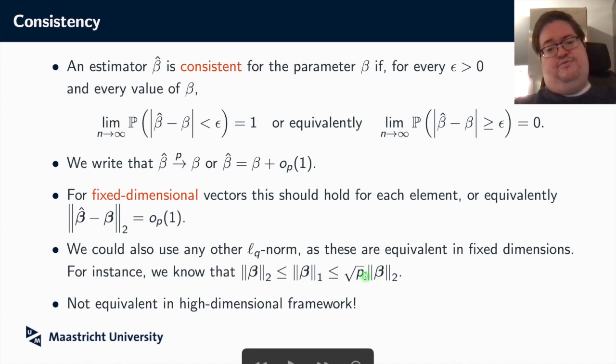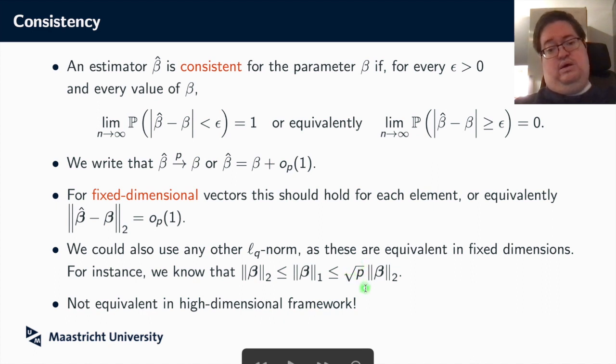Of course, if p is fixed, that basically means that if my L1 norm goes to 0, then my L2 norm also goes to 0, and if my L2 norm goes to 0, my L1 norm also goes to 0. But for us, in the high dimensional framework, p will increase to infinity.